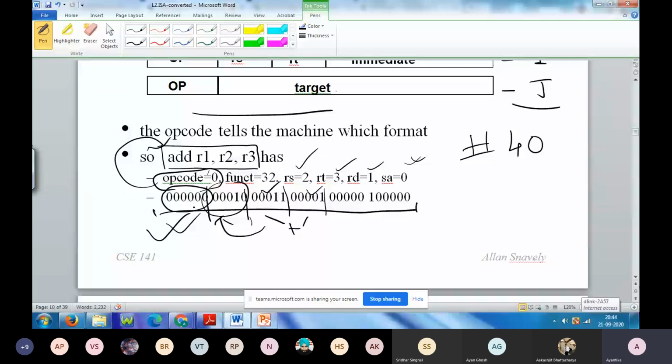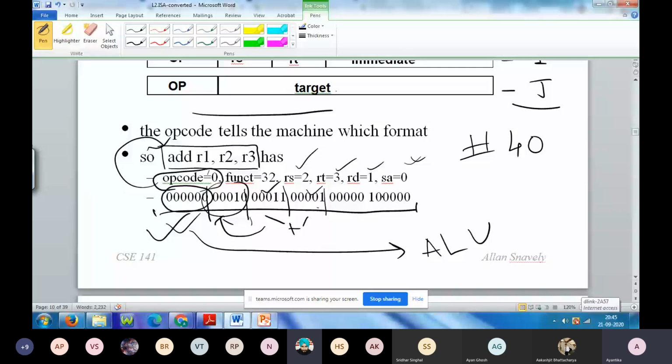The same instruction will be given to your ALU. ALU means arithmetic logic unit, where you have components like the adder or multiplier. Once your hardware gets the information that it has to do addition, the adder will be enabled. It will take the inputs from these two registers and perform the addition. Okay, is it clear now?